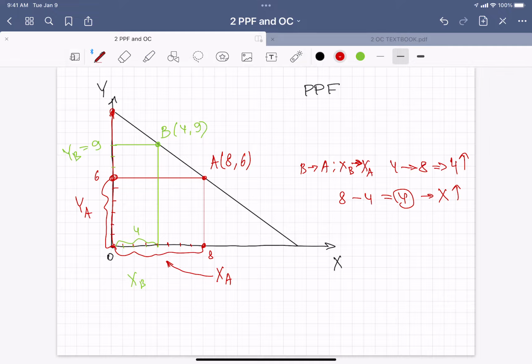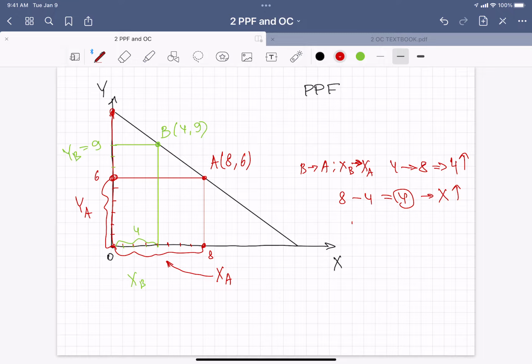All right, so we increase the output of good X, but the question is, what is the cost of this increase? As we only have two goods here, things are pretty straightforward. By going from this point to this point, which means moving further right, we have to go down. And by how much do we go down? Well, we go from that much of good Y to that much of good Y. So we have to lose or sacrifice or give up that much of good Y to achieve this increase in good X. So what is our decrease in the amount of good Y we're able to produce as we make this adjustment?